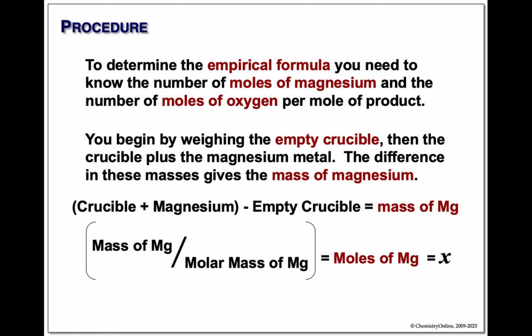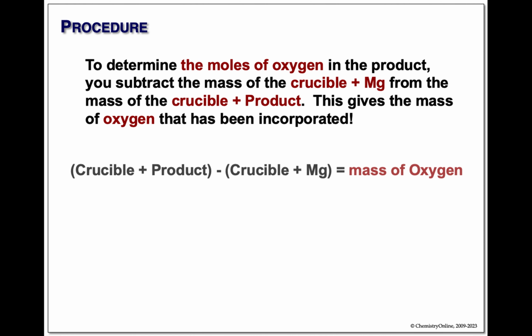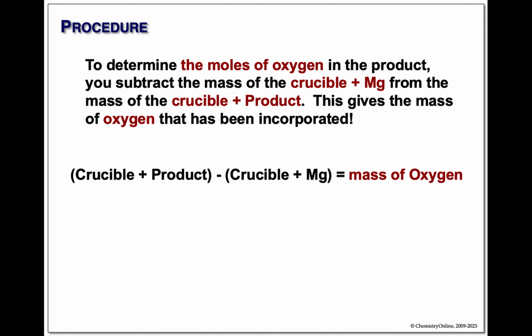After you're done heating this and a few other little things, you're going to have the crucible with the product in it. Very carefully weigh that. The weight should have increased. It increases because we've added oxygen. So, crucible plus product minus crucible plus magnesium gives a mass of oxygen.